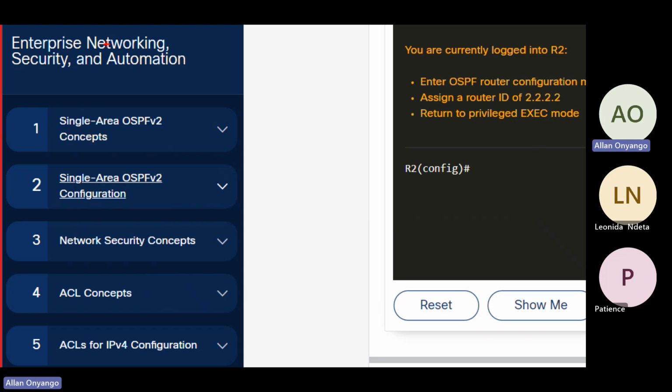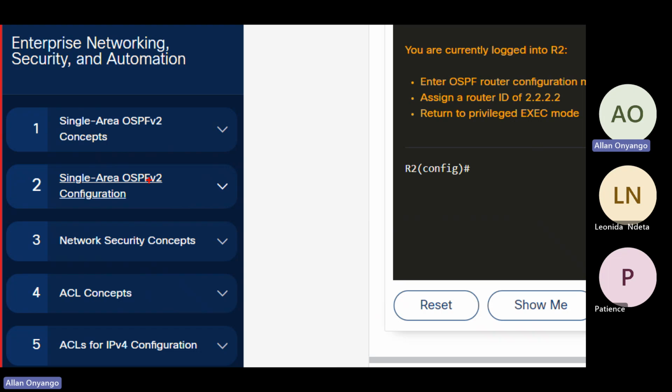First and foremost, this course is called Enterprise Networking, Security and Automation. In short, we call it ENSA. It has about, I think, 14 chapters, and I'll go through the breakdown of what the chapters will involve.